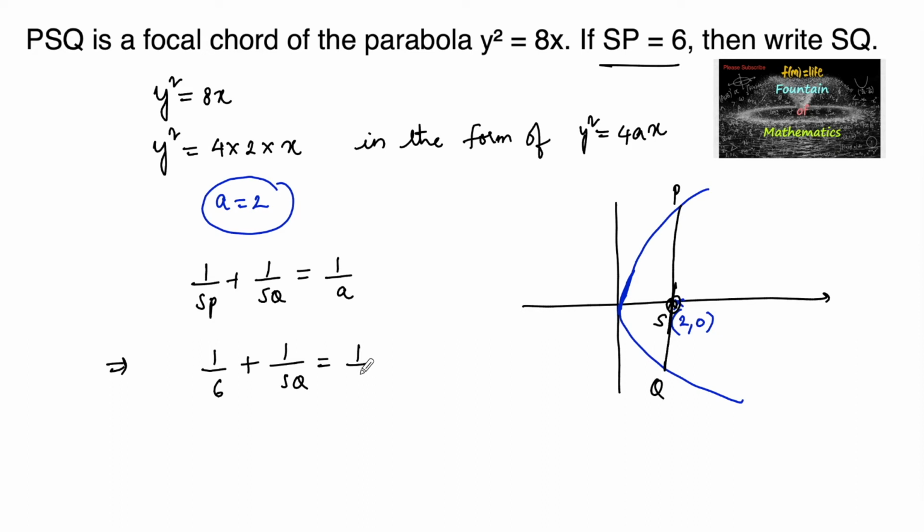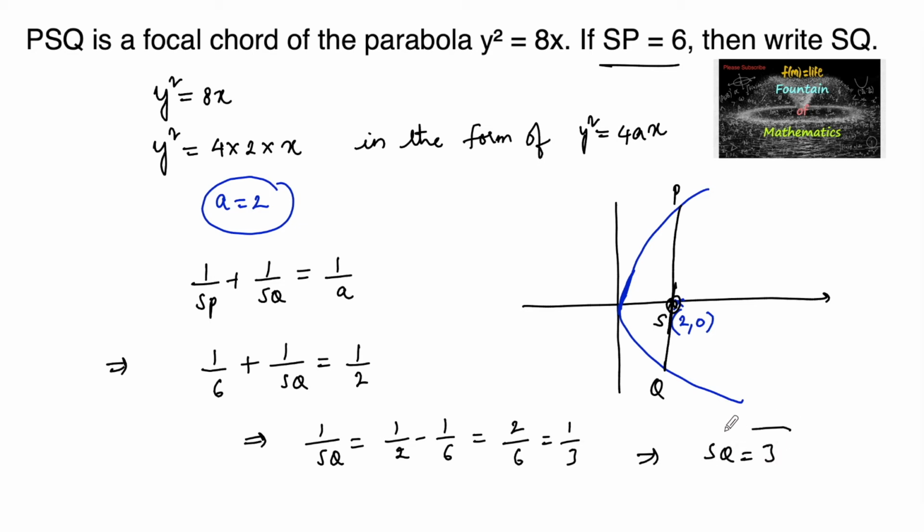Which implies 1 upon SQ is equal to 1 upon 2 minus 1 upon 6. By taking LCM, we can write this is 2 upon 6, this is 1 upon 3. So 1 upon SQ is equal to 1 upon 3, so SQ is equal to 3. So the length of SQ is 3 units.